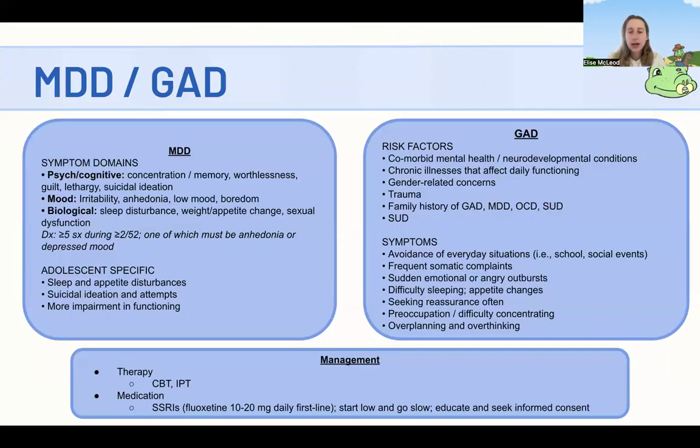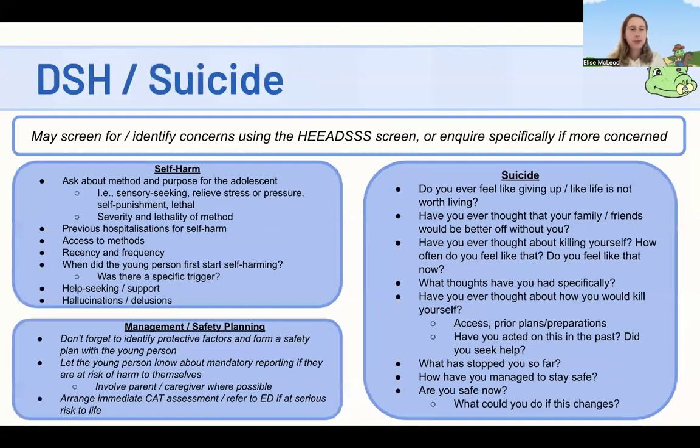So starting low and going slow, and making sure that the young person is educated about side effects to avoid that withdrawal syndrome, and obviously letting them know about activation syndrome and safety netting for that increased self-harm or suicidality in the first couple of weeks is really, really important.